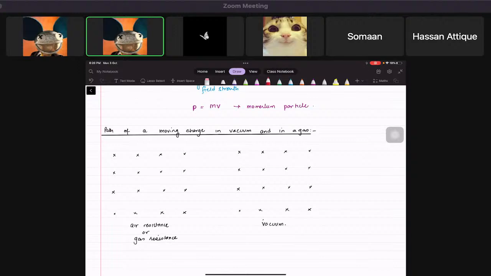So when a charge enters, suppose the charge is positive, so you know the velocity is here, you can find the force. So the charge will go in circular motion, but because of the air resistance, it is going to retard as well. And slowly it is going to end up at one point and stop, because air resistance is acting this way. Is it clear, everybody?